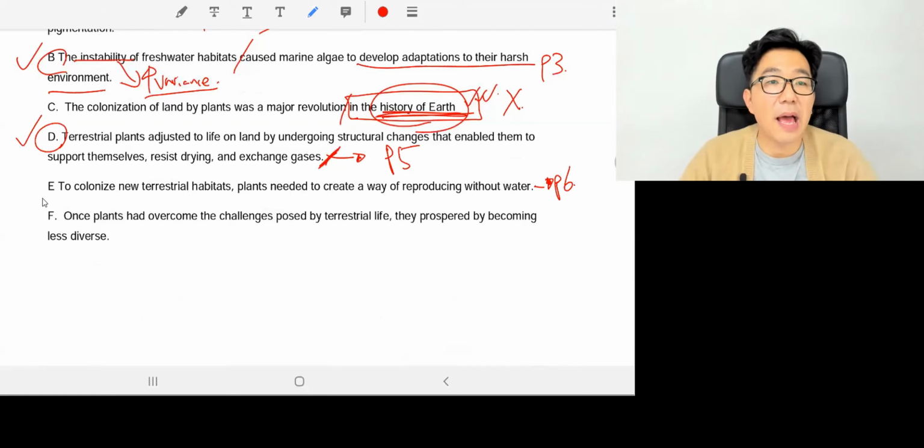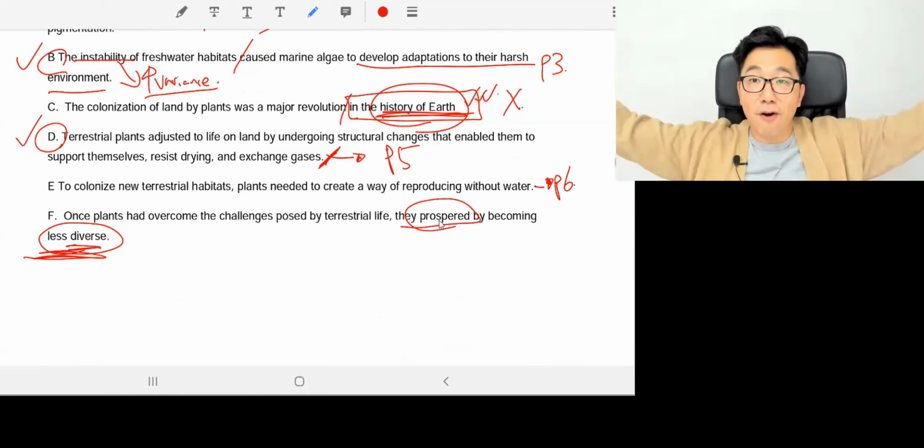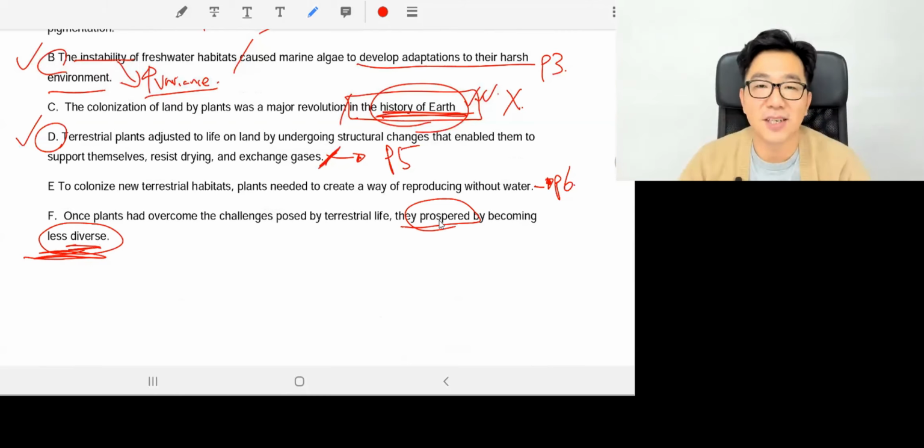F, once plants had overcome the challenges posed by terrestrial life, they prospered by becoming less diverse. This makes no sense. If they prosper, how can they be less diverse? So prosper means thrive, right? So logically, they become more diverse.